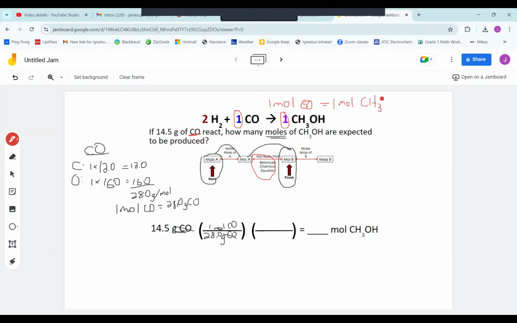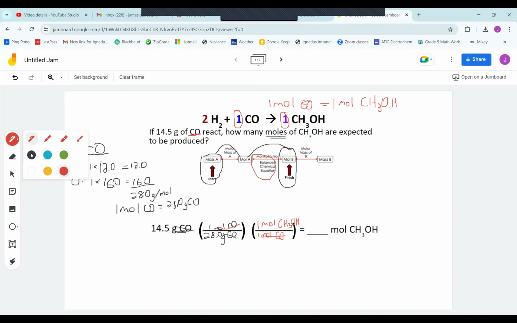And you might say, gosh, then do I really need to write that conversion factor since it's a 1-to-1 ratio? The answer is yes. I want you to write it out because I want you to show me the unit crossing out. So I want to see in the denominator 1 mole of CO, and I want to see in the numerator 1 mole of CH3OH. And I want to see how the unit mole of CO crosses out because it's in the numerator of the first set of parentheses and the denominator of the second set of parentheses.